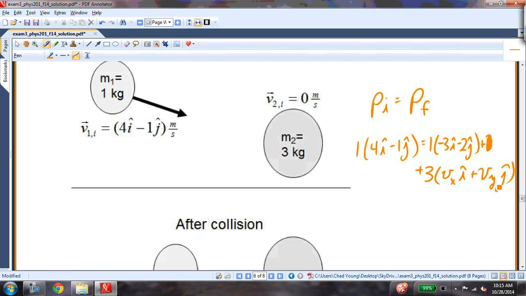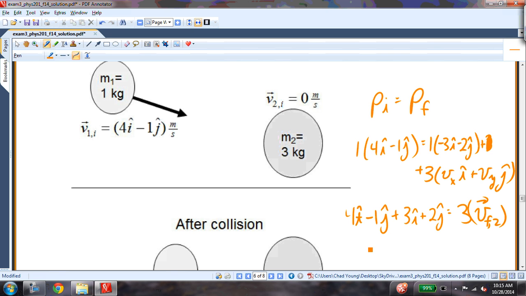All right, so I'm looking for that v, and now I solve this. I bring this part over, so 4i minus 1j plus 3i plus 2j is equal to 3 v final for the second particle. I'm just going to write it as a vector.